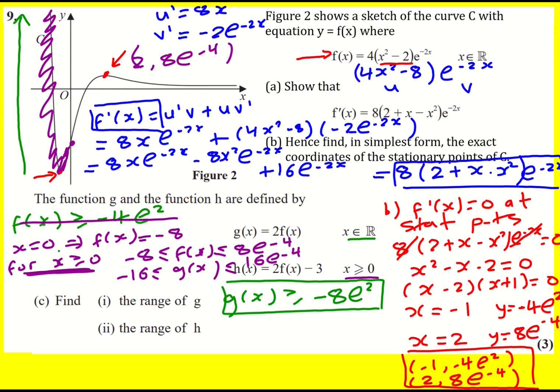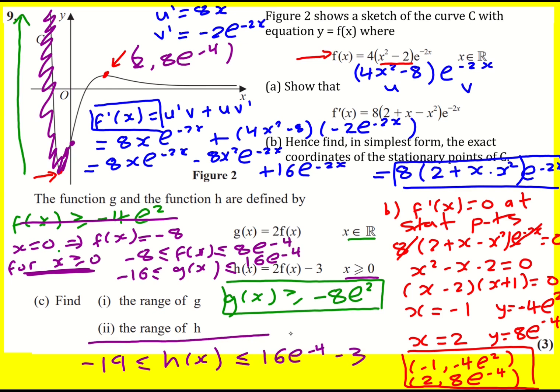All I've got to do now is minus 3 from them. So I've done a stretch of my function, and now I'm going to do a translation in the y direction. I just minus 3 from all of my values. So finally, I'll get minus 19 is less than or equal to h of x, this function that's just defined for x greater or equal to 0, and that is going to be less than or equal to 16e to the minus 4 minus 3.